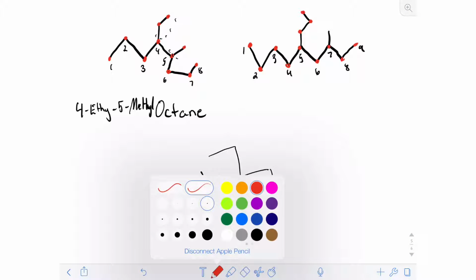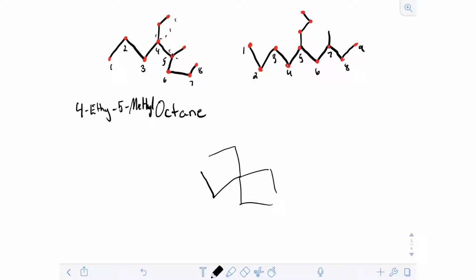Again, always remember to count every which way, no matter what. Can't hurt, because it helps you be right, and you definitely cannot be wrong on these tests, because if you miscount one of these, it can throw off the entire compound very easily. And if you wanted to count up here, 1, 2, 3, 4, 5, 6, 7, 8. Clearly that's just short, so that's not going to be our longest parent chain.